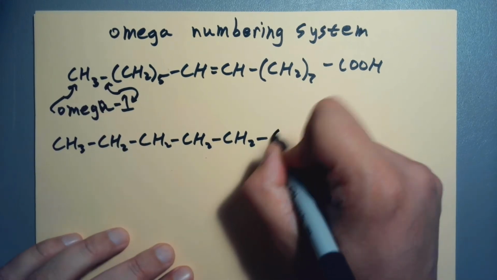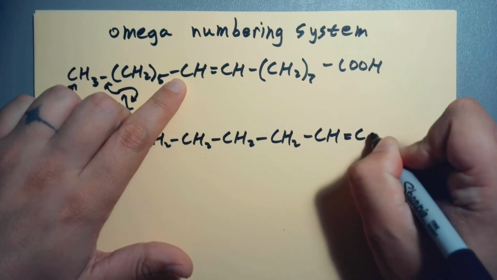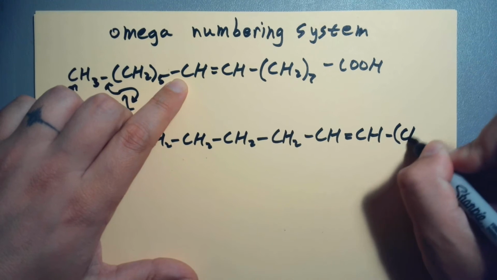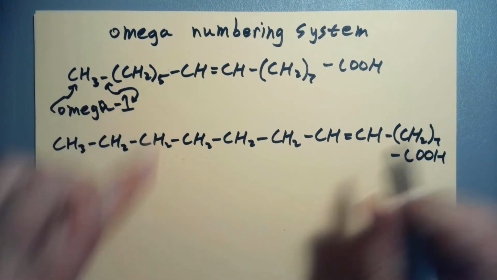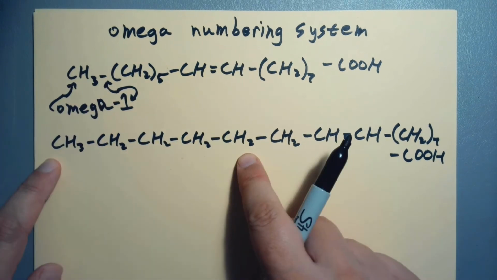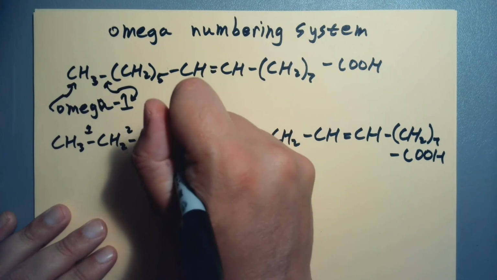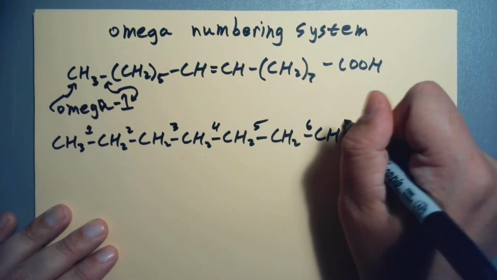I need 1 more. Okay, and then I've got a CH double bond, CH, CH2, 7, COOH. So all I did is I just took this bracket and I expanded it out, okay? And so this is our 1, 2, 3, 4, 5, 6, and 7.